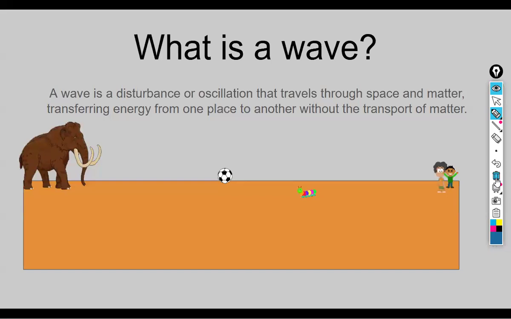Now, do you see water is something physical, and water is something we can see with our eyes. So when you see the water waves moving up and down, you think waves is about particles because water is a particle.